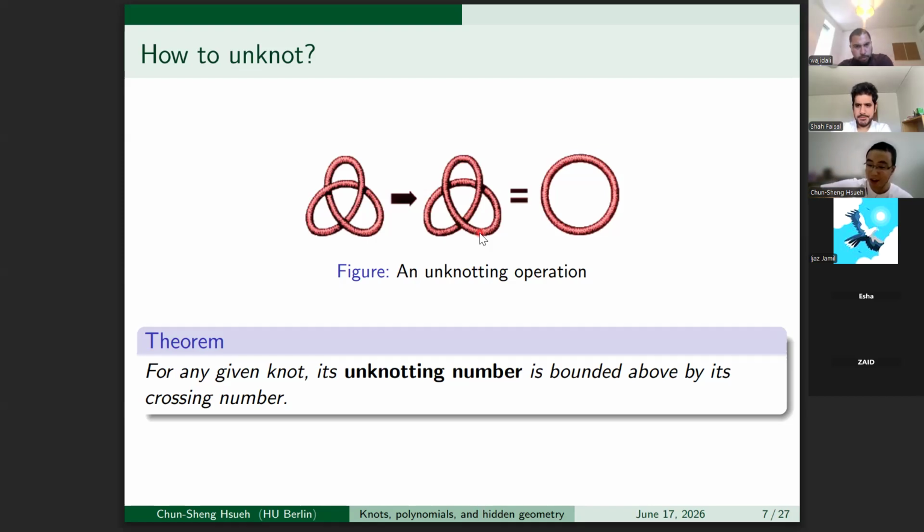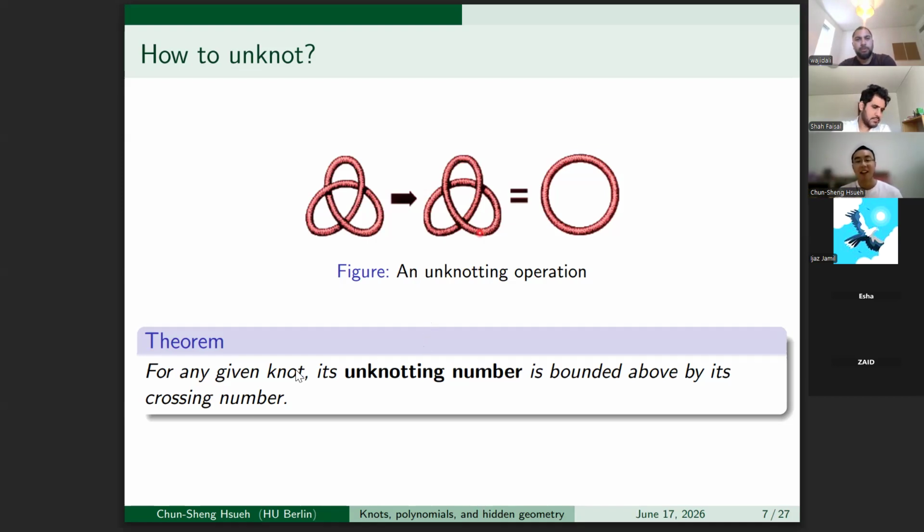When you lie it down slowly, the first parts that touch the table are going to be the under strands, and the parts that reach the table later are going to be on top. So if I have my crossings distributed in this order, that means I can undo it, I can just take it up and I will get an unknot.